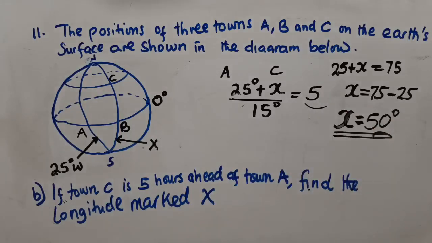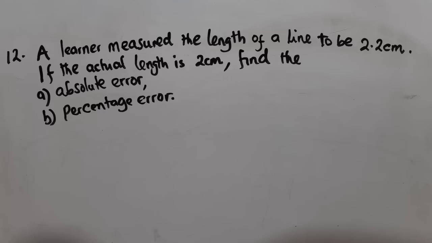We go to the next question. So we come to question 12. Elena measured the length of a line to be 2.2 centimeters.